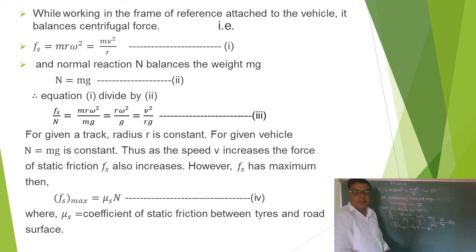Here mu s is the coefficient of static friction between the tires of the vehicle and the road surface.